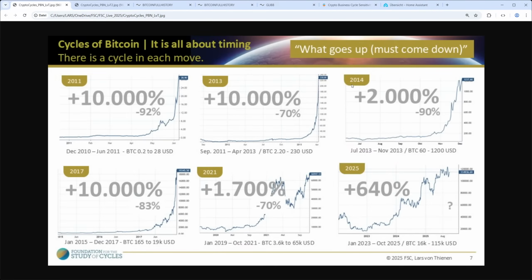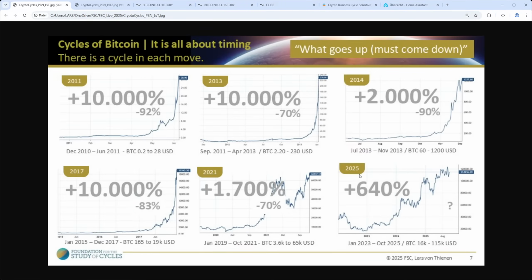Fast forward to 2014, from Bitcoin trading at 60 US dollars, moving up to $1,200, another parabolic up move. Moving forward to 2017, where we have gone from 165 US dollars to 20K in Bitcoin prices. 2021, where we have gone from 3.5K up to 65K.